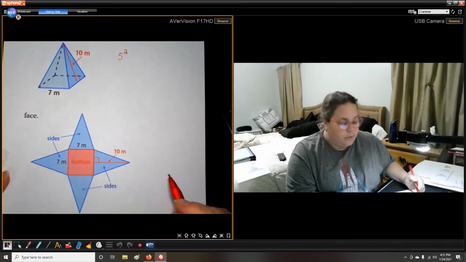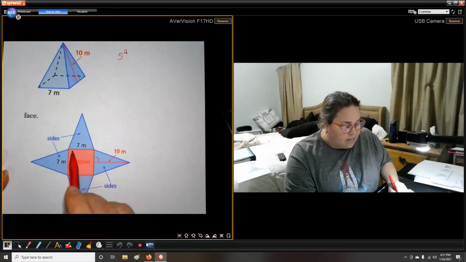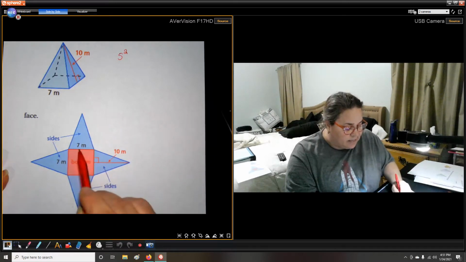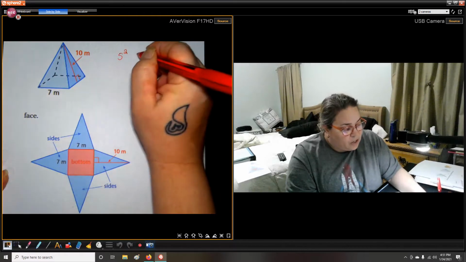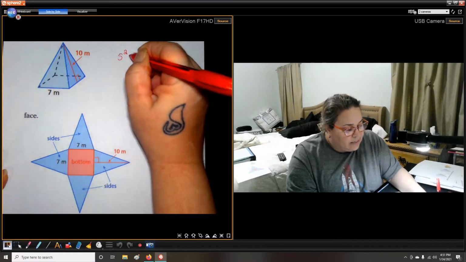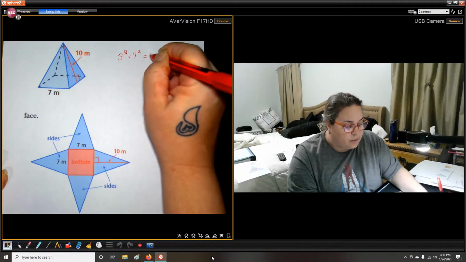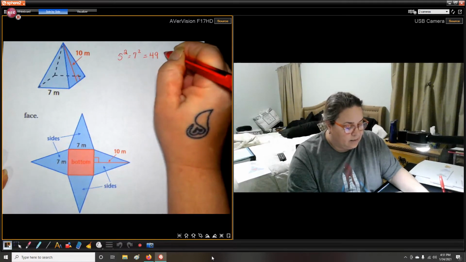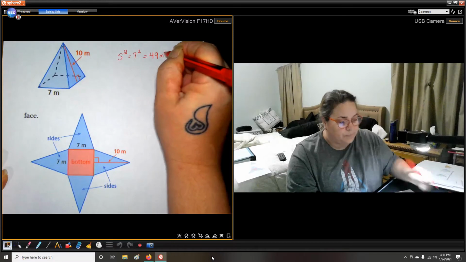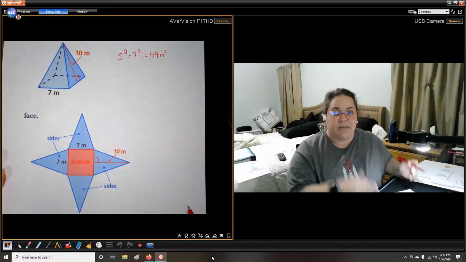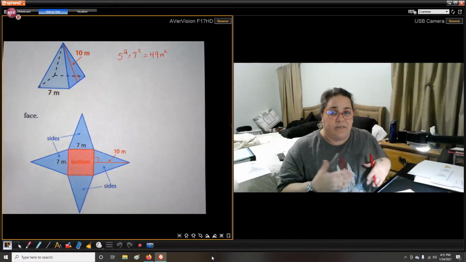Okay, so the base, I can tell, has a side of 7 because it says 7 by 7. So that would be 7 squared, which is actually 49 meters squared. Okay, because 7 squared is the same thing as saying 7 times 7.